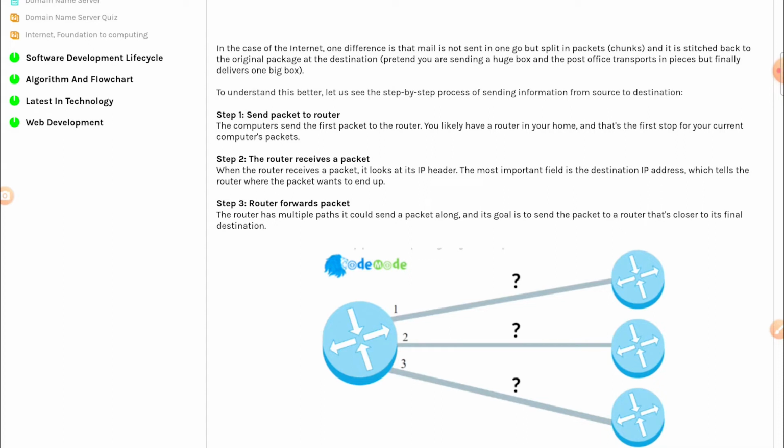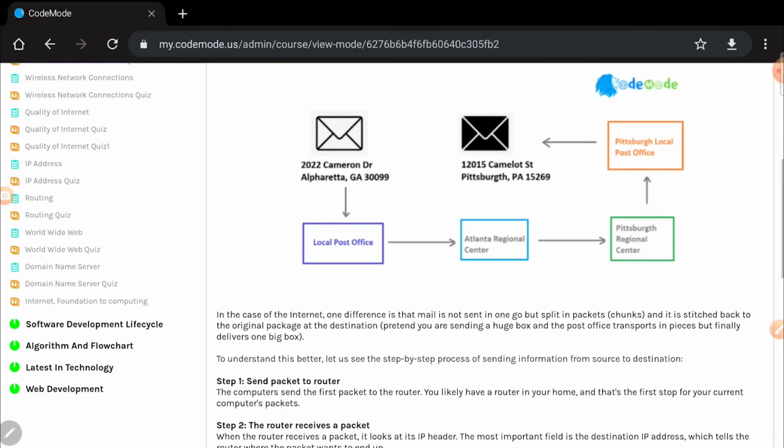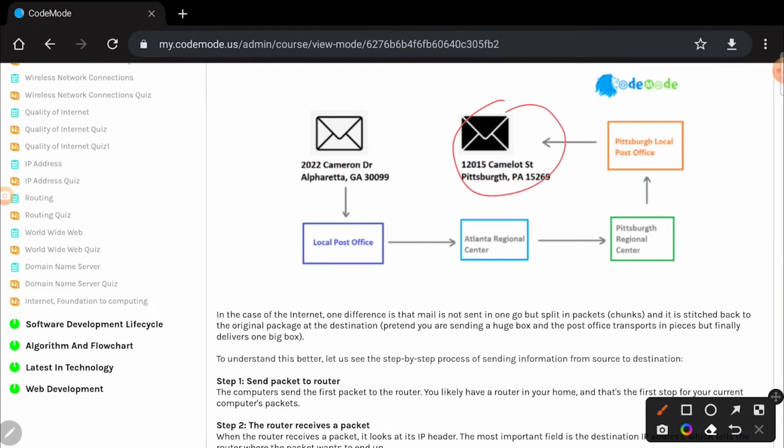Think of it like a big box which contains smaller packets. When you give it to the post office, based on its convenience, it may split the package into smaller packets. When your local post office receives your big box, it may split it into smaller packets.